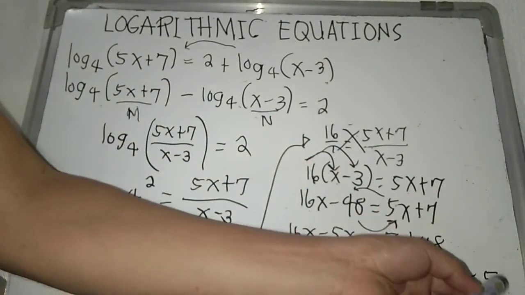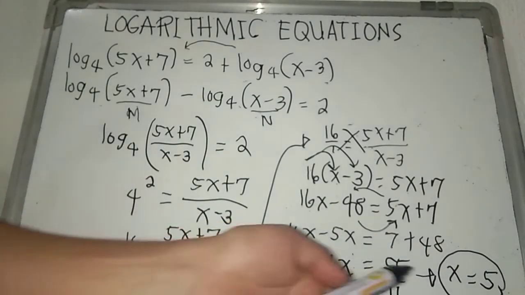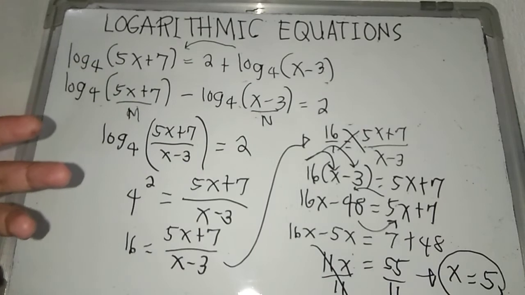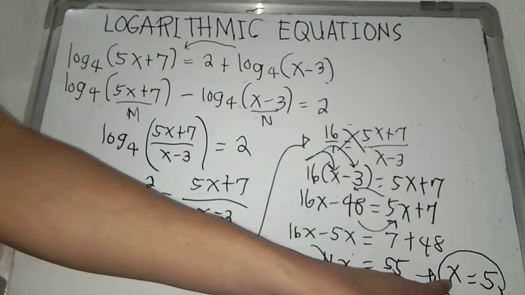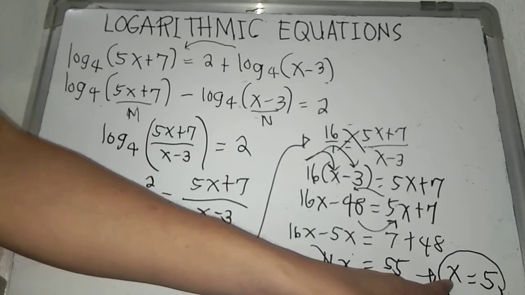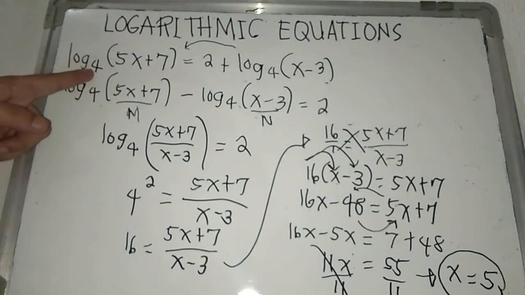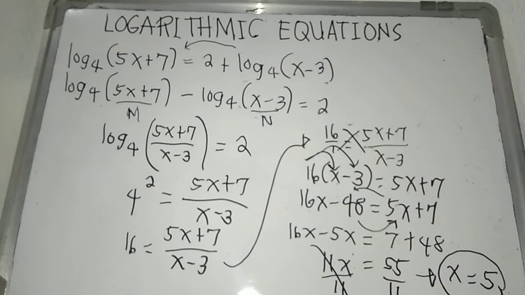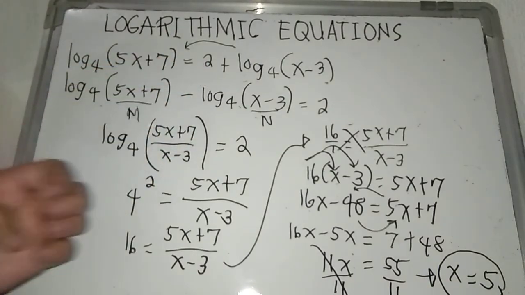Are we going to accept this one? Is this now our solution? We are not sure, because we are going to do the checking, which is now the 5th step. How to do the checking? You are going to substitute x equals 5 into your original problem, which is log with the base 4 of 5x plus 7 equals 2 plus log base 4 of x minus 3, in order to check your answer.